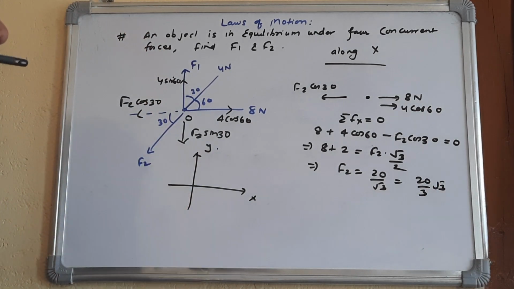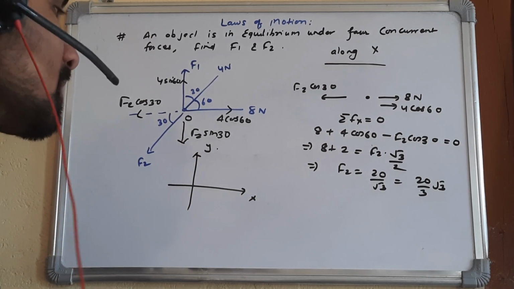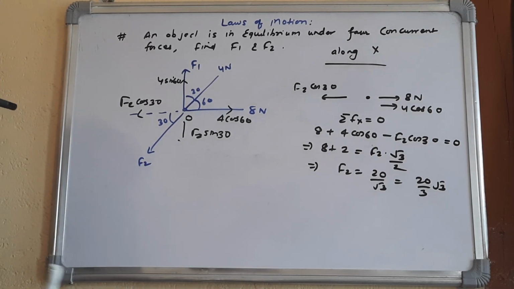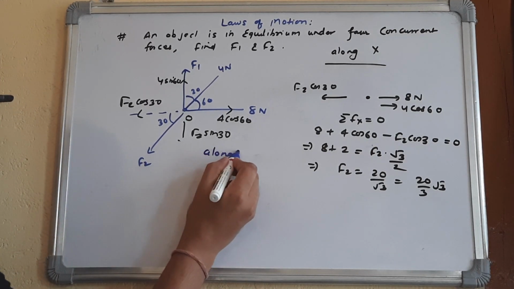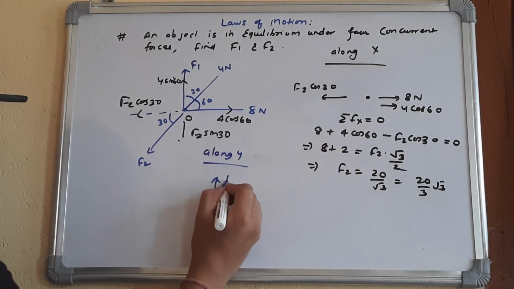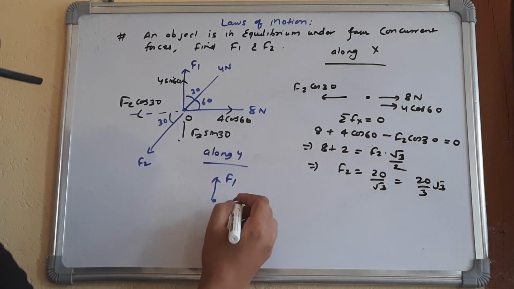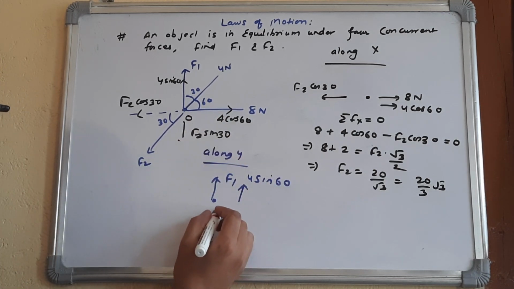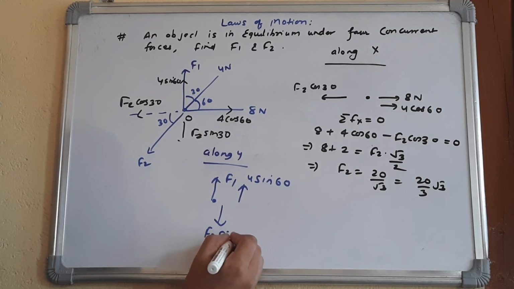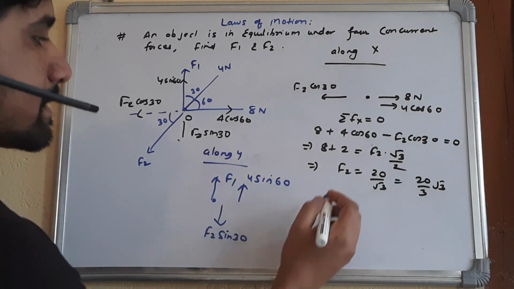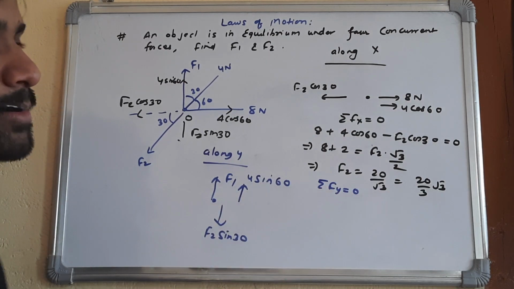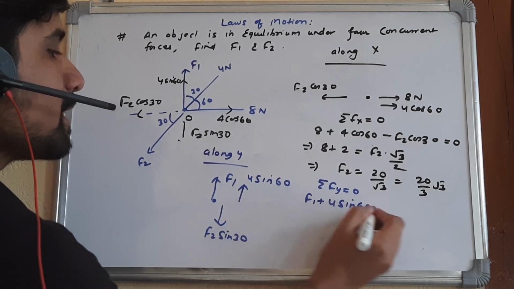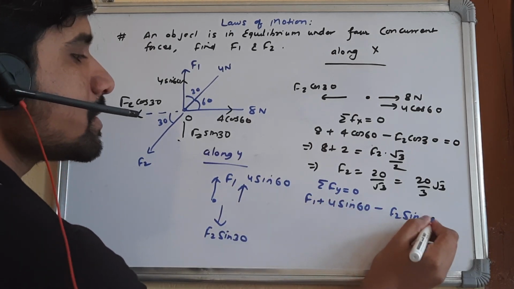Now again along y also it will be 0. Along y also net force will be 0. So let's say if I take this problem along y also separately. So along y, if you see, this is F1 here, then there is 4 sin 60 also in the same direction, positive y, and then there is F2 sin 30 in the negative y. Now if I write the equations, I say that sigma of Fy will be 0 since it is in equilibrium in both the directions. Now F1 plus 4 sin 60 minus F2 sin 30 will be 0.